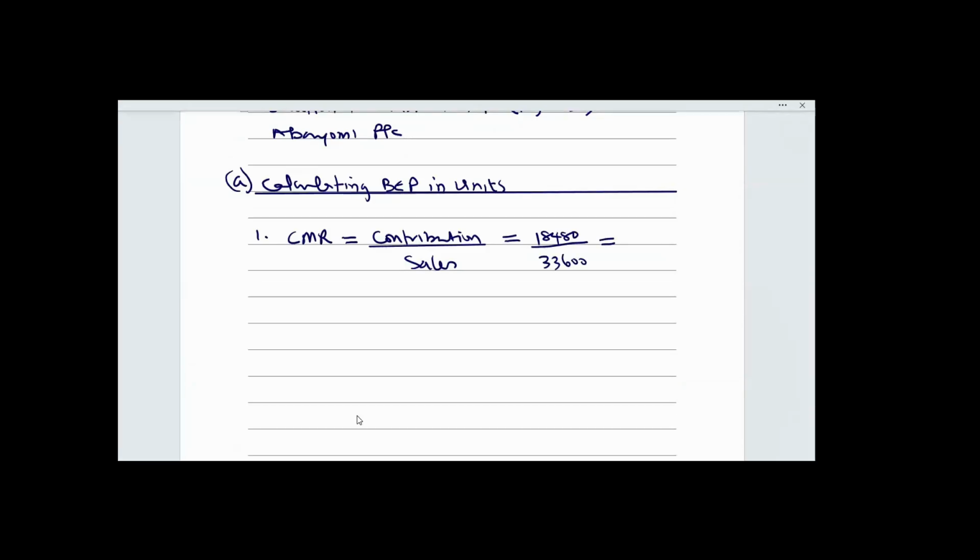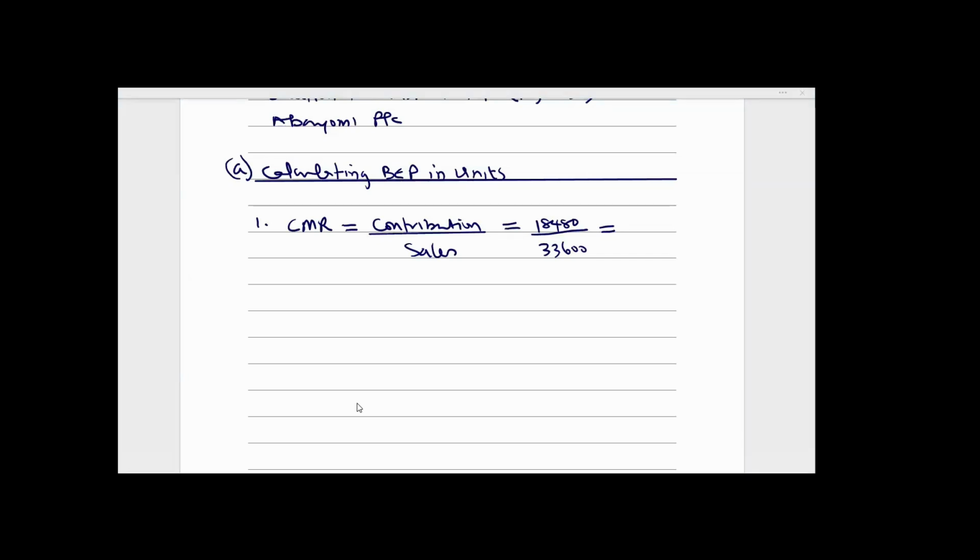Okay. Divided by 33,600. We have 55%. 0.55 is the contribution margin ratio. Now that we have the contribution margin ratio, step 2 is to calculate the overall break-even point in Naira.